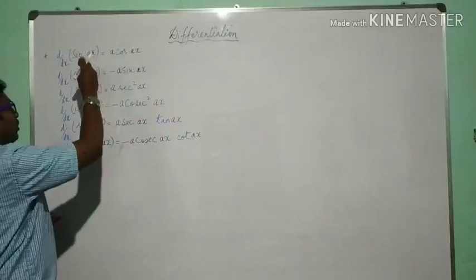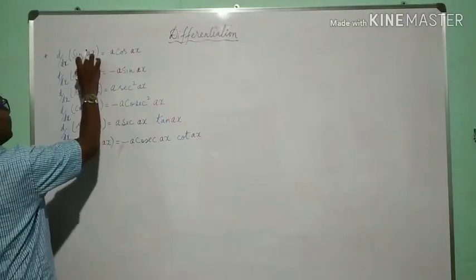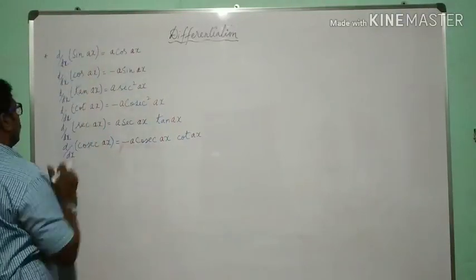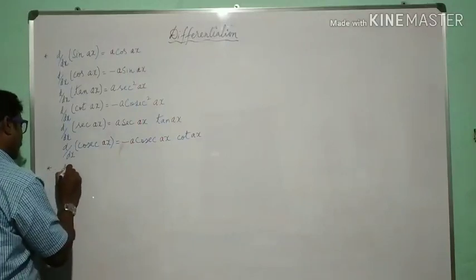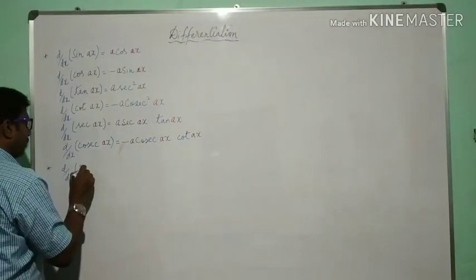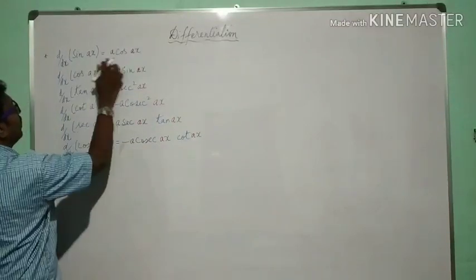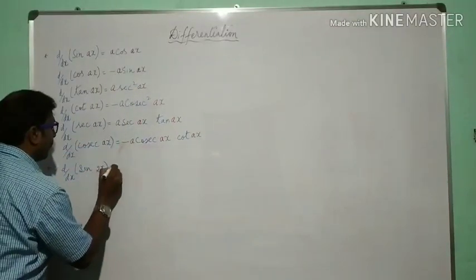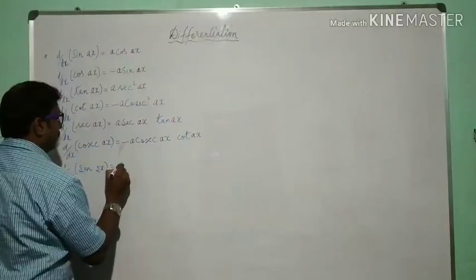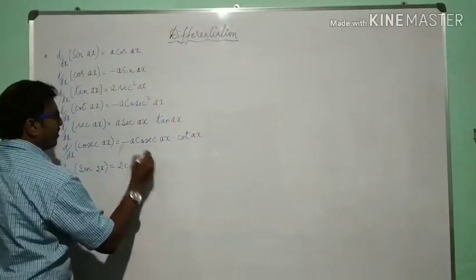Now only about 2 we'll study here. Instead of a, I replace it by 2. D by dx of sin ax is a cos ax. Sin 2x is 2 cos 2x.